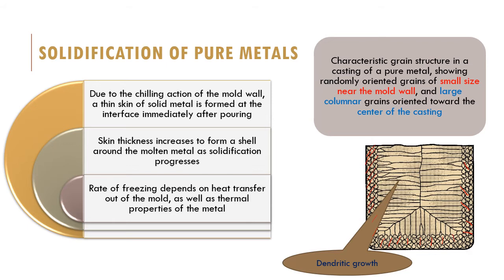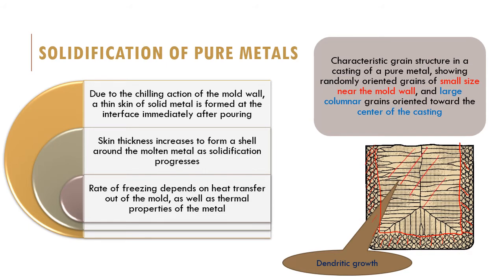This creates a thick skin, forming a shell around the molten metal. Inside here will be molten metal. Once this thick skin has formed, the area inside will start to solidify slowly.